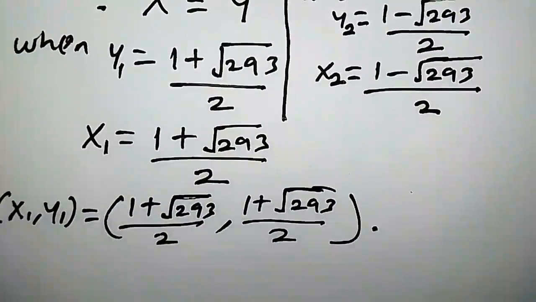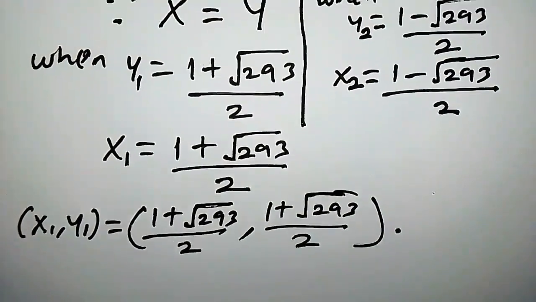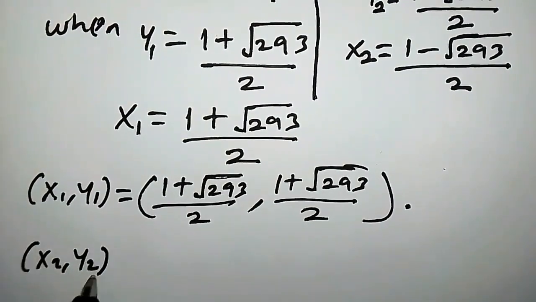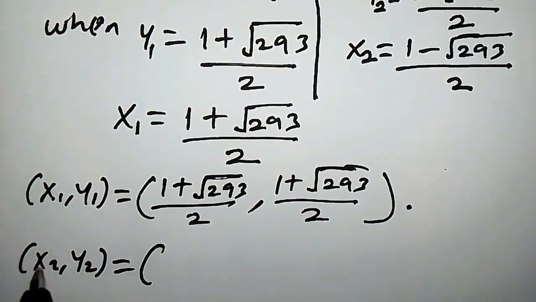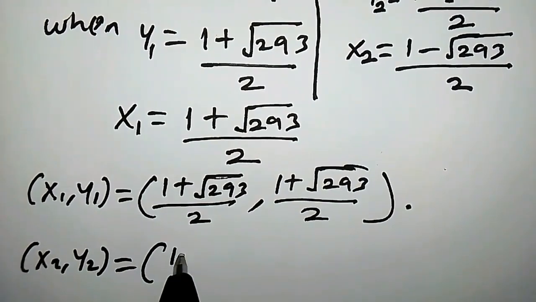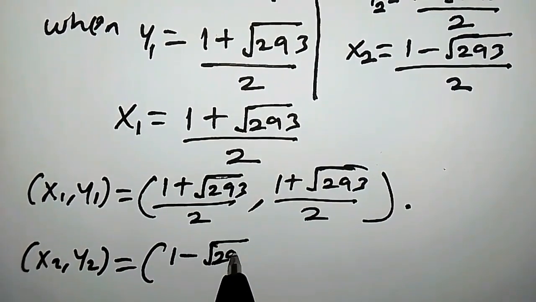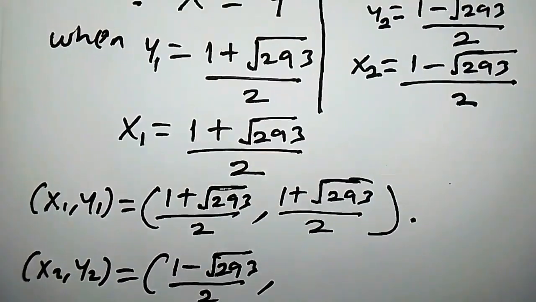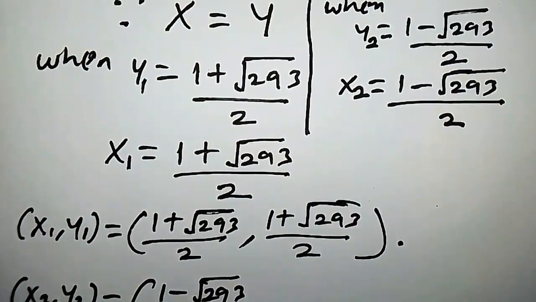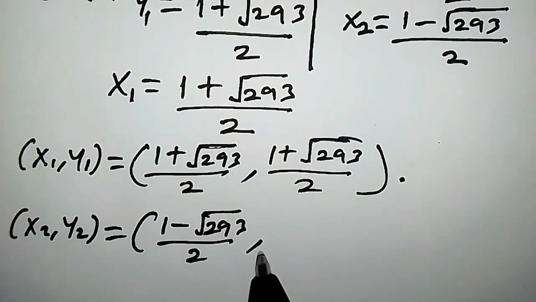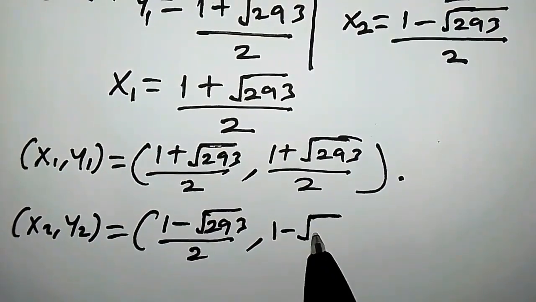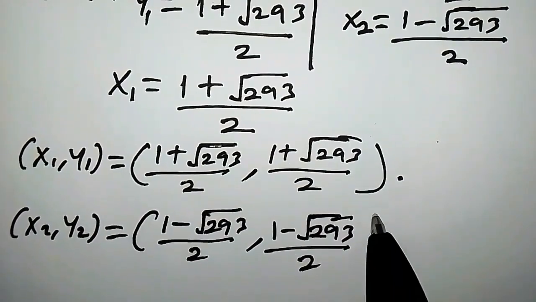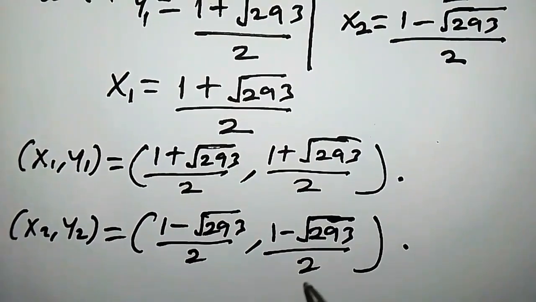This means that the second solution, x2 comma y2, is (1 minus root 293) divided by 2, comma, similarly y2 is (1 minus root 293) divided by 2. This is the second solution.